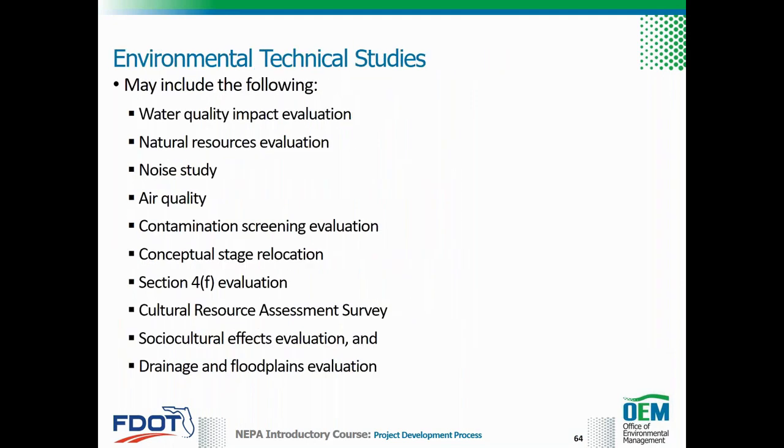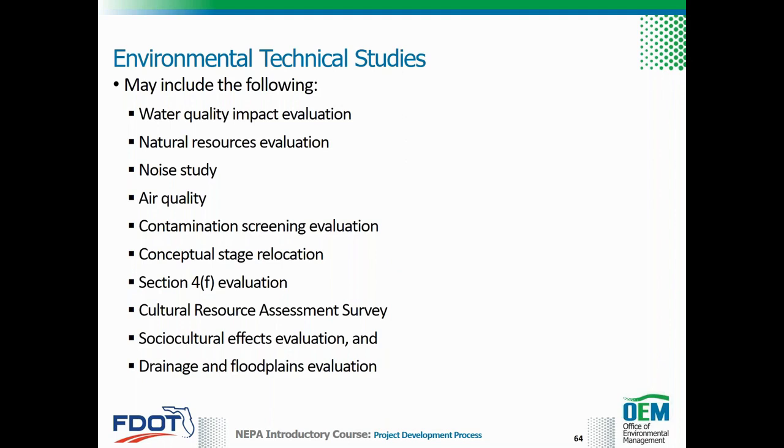Environmental technical studies are performed and the results documented in accordance with the appropriate chapters in Part 2 of the PD&E Manual. Environmental technical studies may include water quality impact evaluation, natural resource evaluation, noise study, air quality, contamination screening evaluation, conceptual state relocation, Section 4F evaluation, cultural resource assessment survey, sociocultural effects evaluation, and drainage and floodplains evaluation.